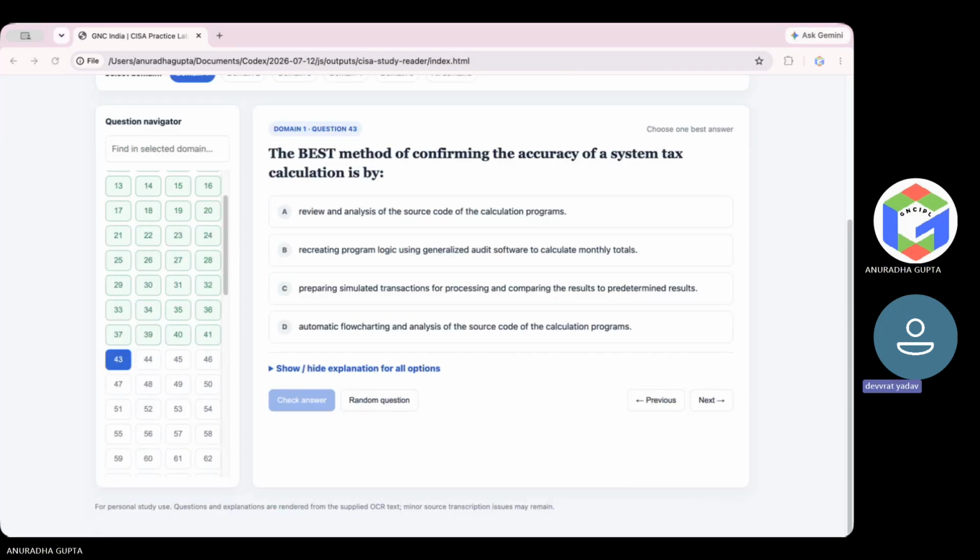The best method of confirming the accuracy of a system tax calculation. So many financial questions. Accuracy of the system tax calculation. This is on the source code.